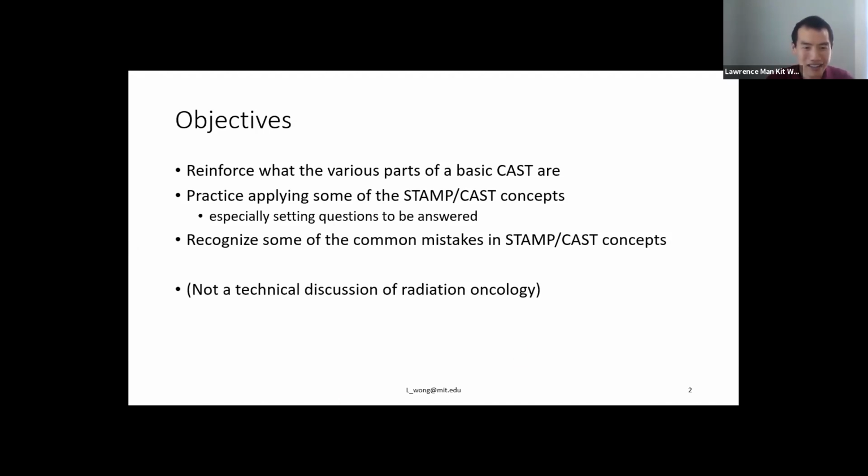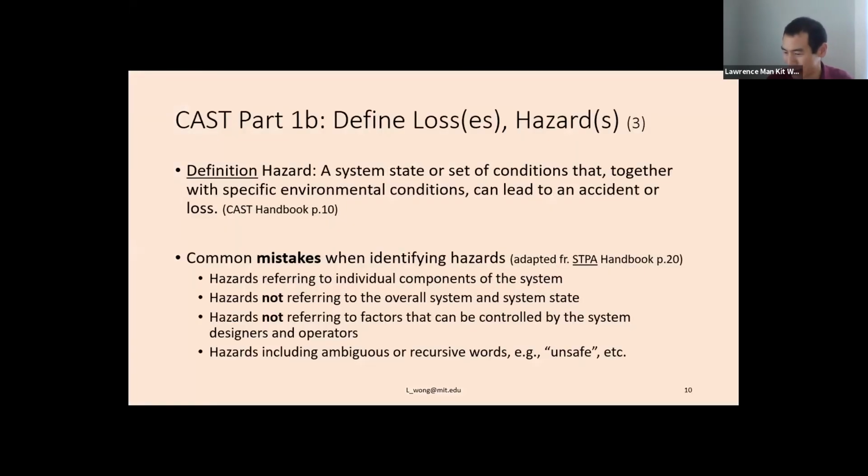So let's do this. Let me try and go to this page here. Okay, great. So one of the things that we need to do in either a CAST or an STPA analysis is to define the losses and hazards, right? And just to remind everybody, a hazard is defined as a system state or set of conditions that together with specific environmental conditions can lead to an accident or a loss, right?